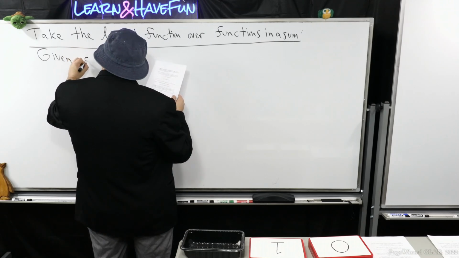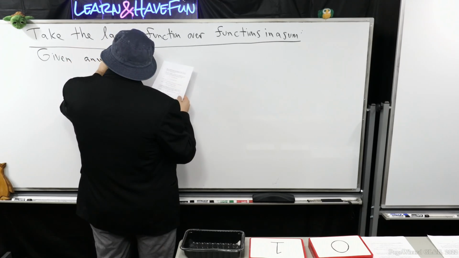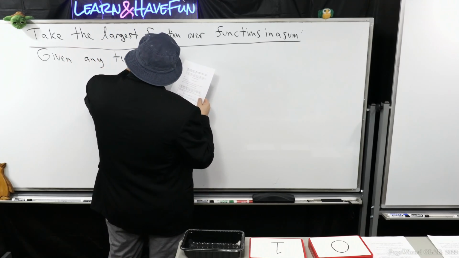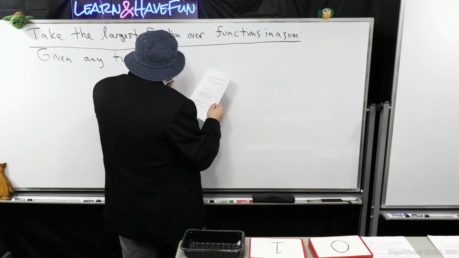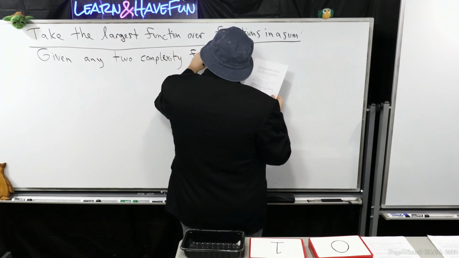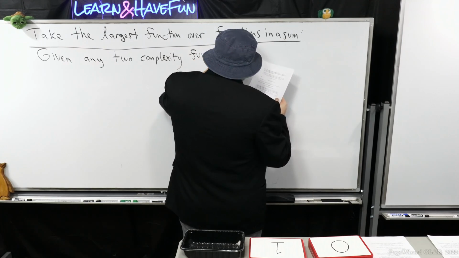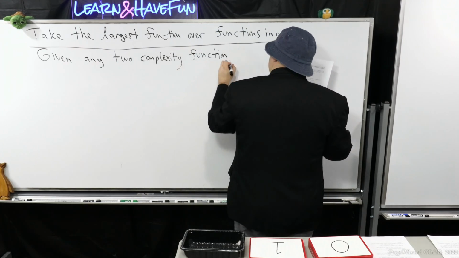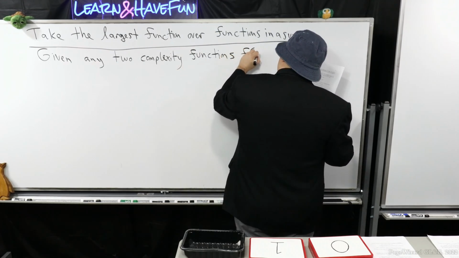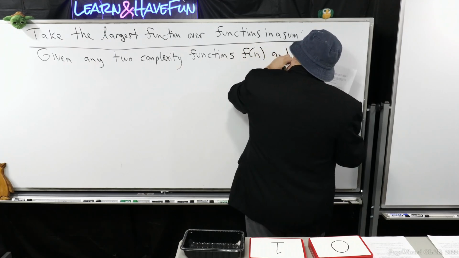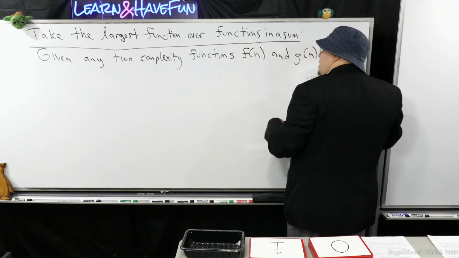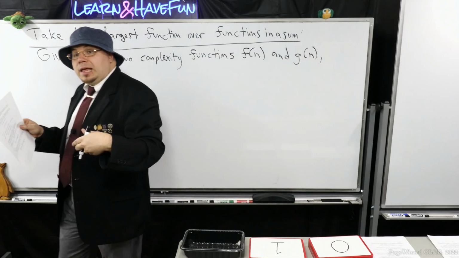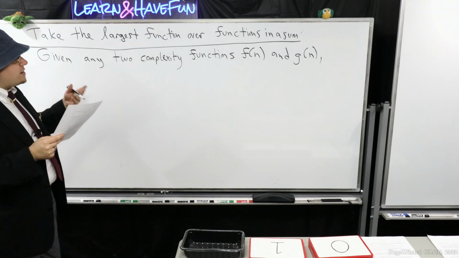Given any two complexity functions, and I must stress that the statement is rather general, functions f and g, then we can say that f plus g is big O of the max of f and g.